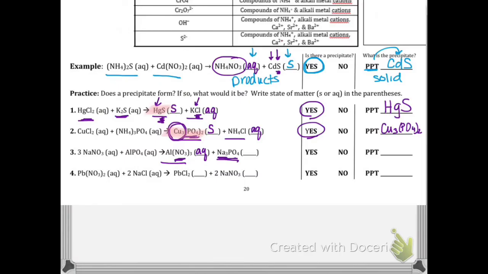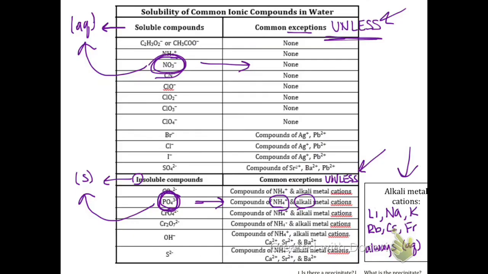So you look and you're like, Na is right here. So you know Na is an alkali metal. So phosphate is always a solid unless it's attached to sodium. That means it's the exact opposite. So it's going to become aqueous.